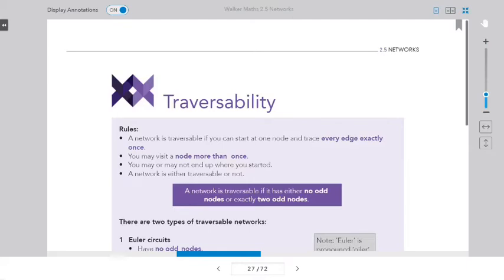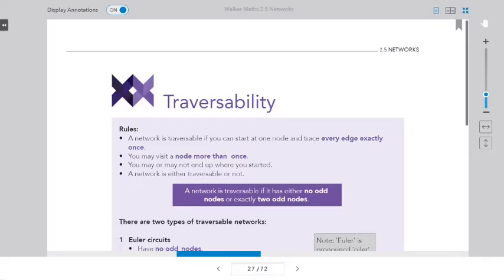Okay. So, for traversibility, you need to remember the idea of a node and particularly the degree of a node. A network is traversable if you can start at one node and trace every edge exactly once. You may go through a node more than once. You may or may not end up where you started.